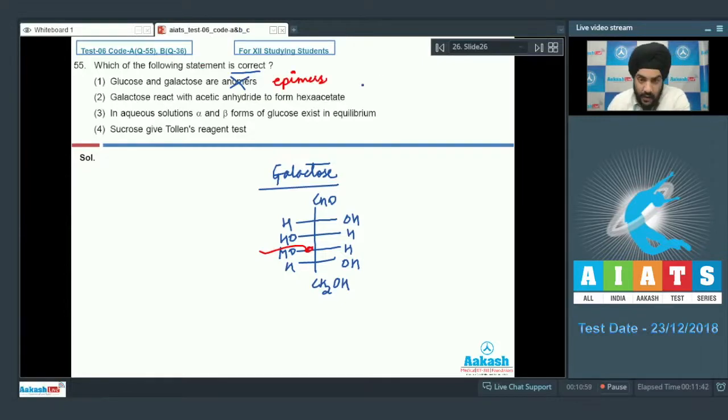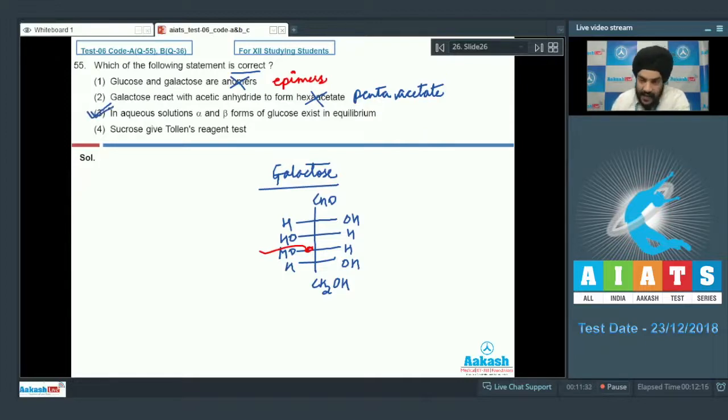If you look at statement 2 now, galactose reacts with acetic anhydride to form the hexaacetate. So students, in galactose there are only 5 OH groups present, so it cannot form the hexaacetate. It forms the pentaacetate. If you look at this third statement now, in aqueous solutions, alpha and beta forms of glucose exist in equilibrium. This statement is correct, students.